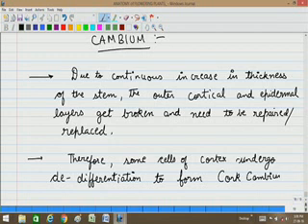So cork cambium is formed from primary permanent tissue. Primary permanent tissue gives rise to secondary meristematic tissue.